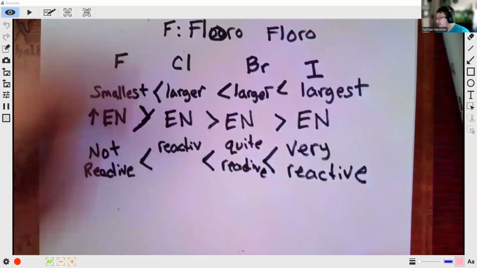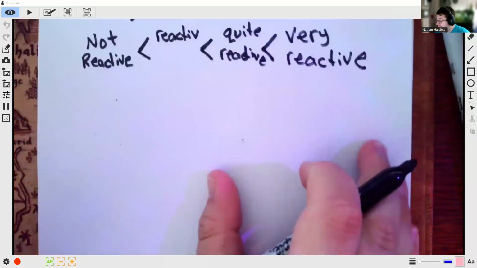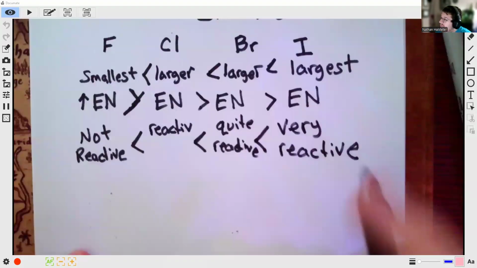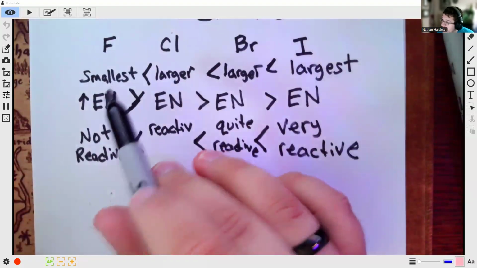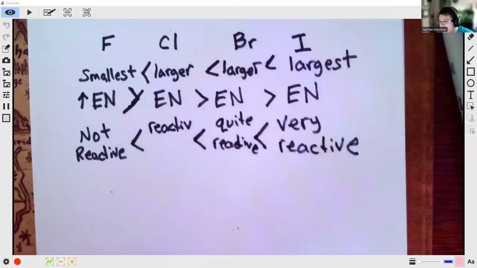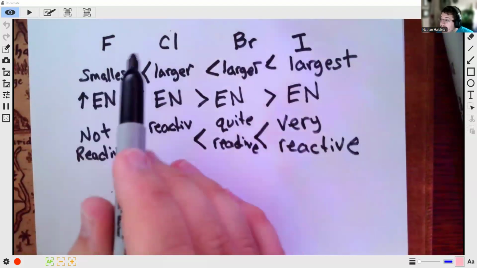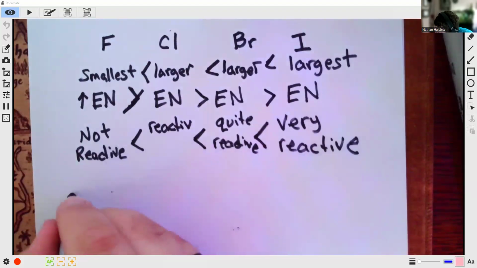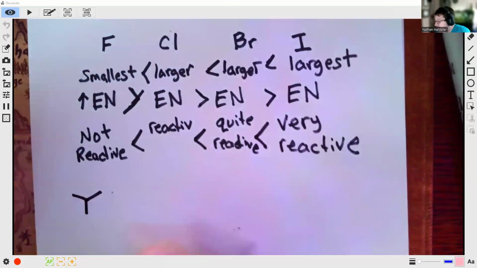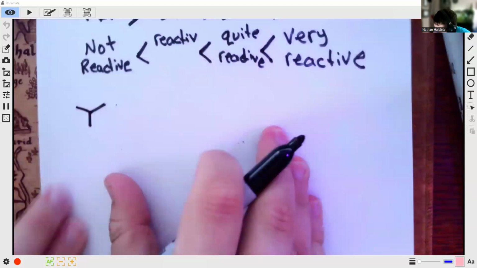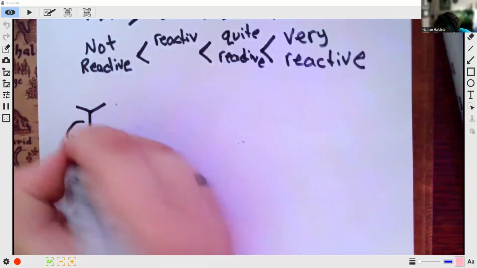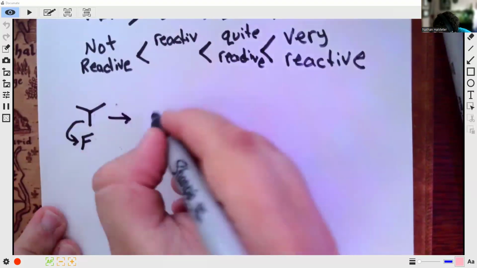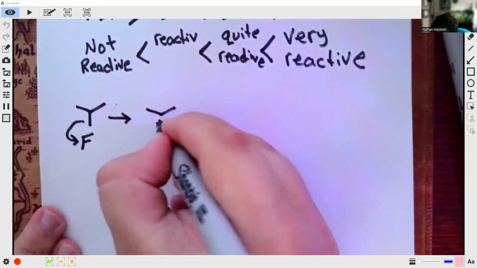This has to do with something called polarizability, which is kind of related to size. In this case, fluorine, if we were to kick that off, and we'll talk about that in a second, if fluorine were to leave a carbon, so let's use this as an example. If our fluorine here was to just take its electrons and leave, we'd be left with something that looks like this.